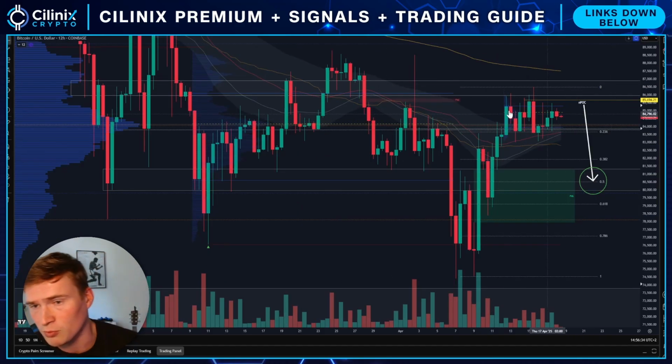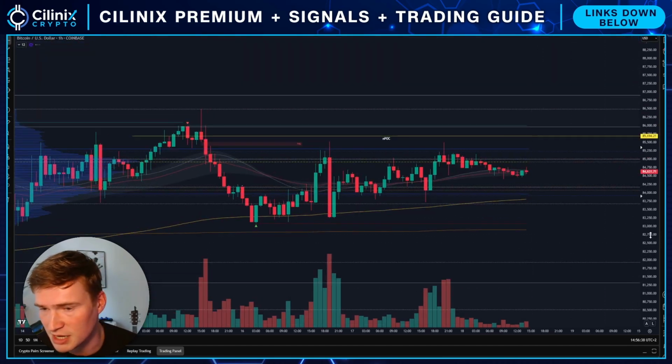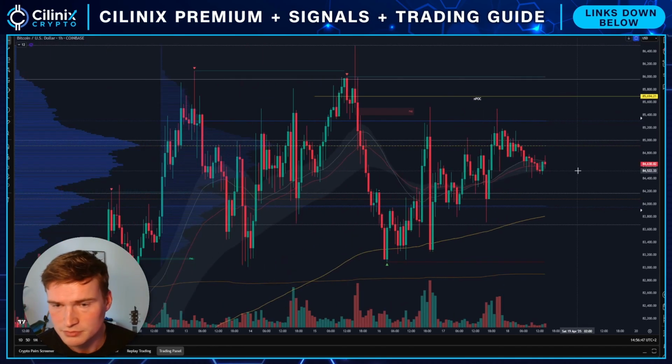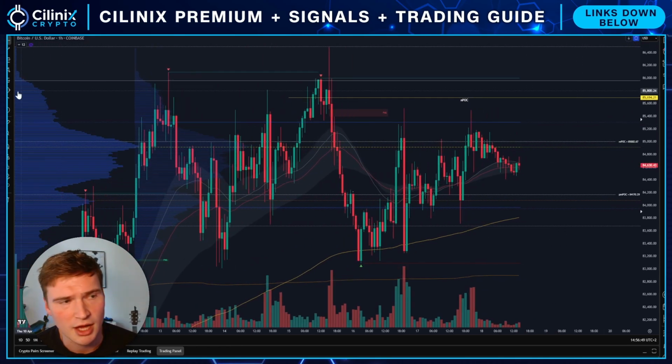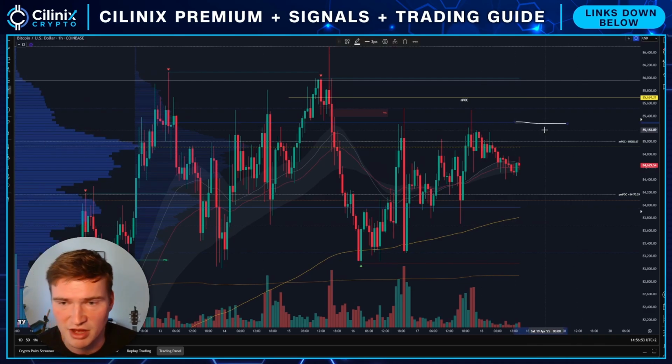Something similar is going on with Bitcoin right now, so this is a perfect example. Bitcoin right now is ranging right here mostly between 85,300 and 83,000 or 84,000. That's the main value area. But the main level we're looking at for a potential breakout is this level at 85,300.